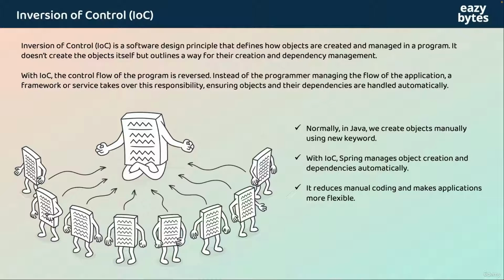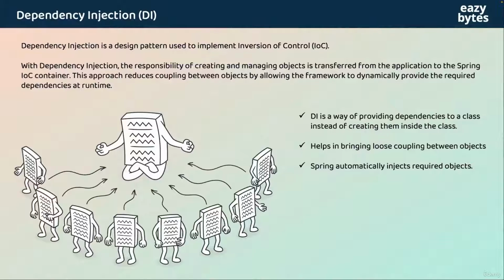After the inversion of control, the next principle that Spring leverages is dependency injection. I said inversion of control is just a design principle. It just gives standards and guidelines that need to be followed by a framework or by a language. To implement that design principle, or to achieve that IoC principle inside an application or framework, the dependency injection design pattern is going to be used.